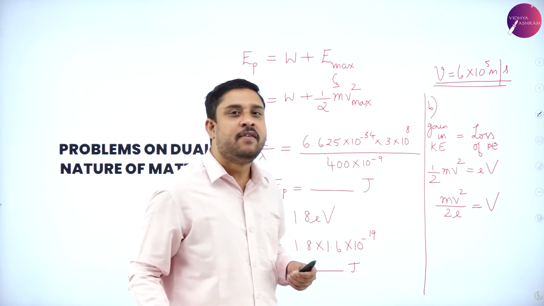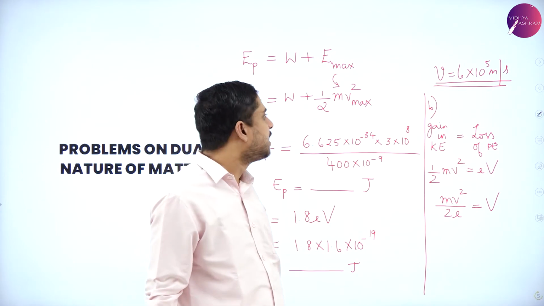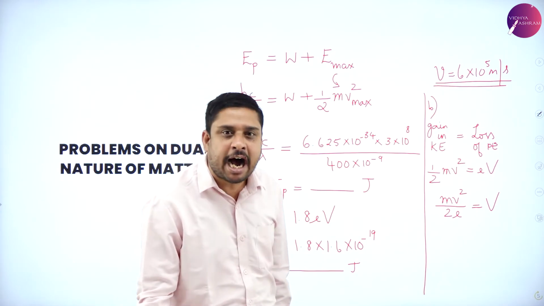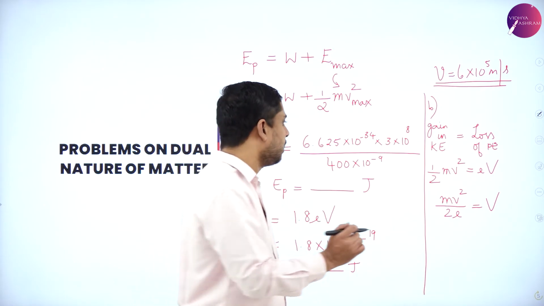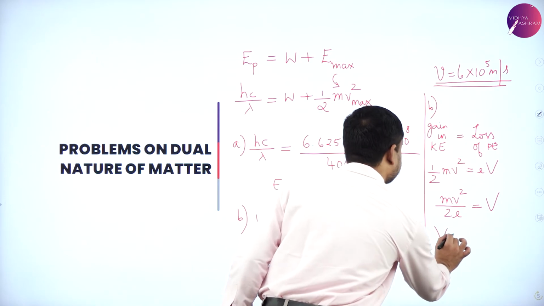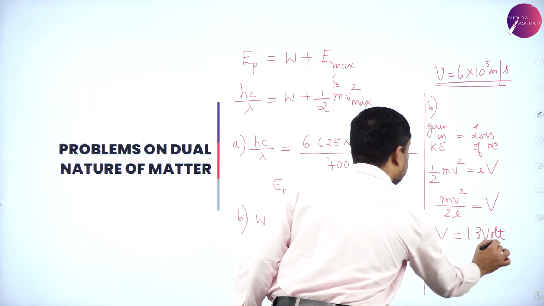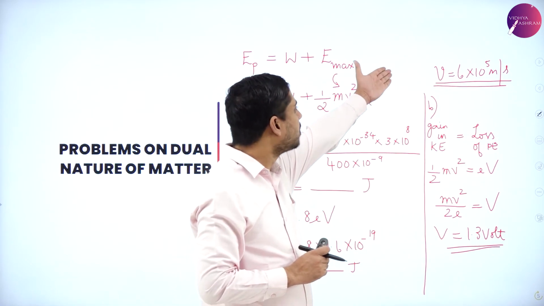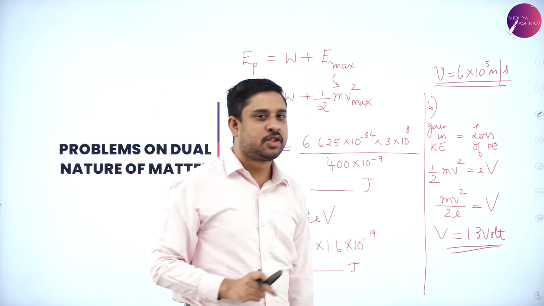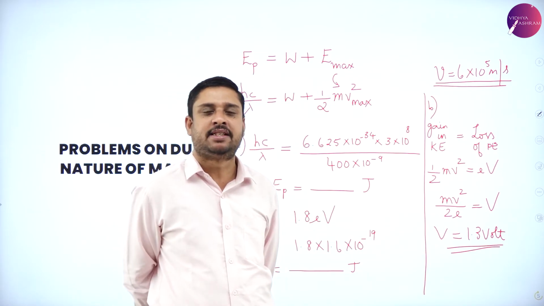Small v, velocity of the electron, which is already calculated. e, charge of the electron. On simplification, here V turns out to be 1.3 volts. So this is the answer. So velocity is calculated, stopping potential is also calculated.